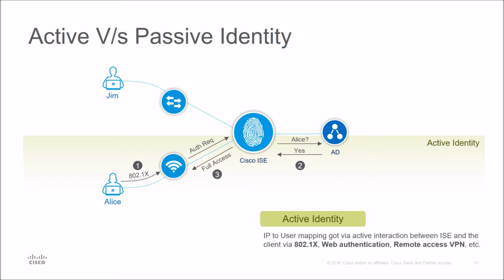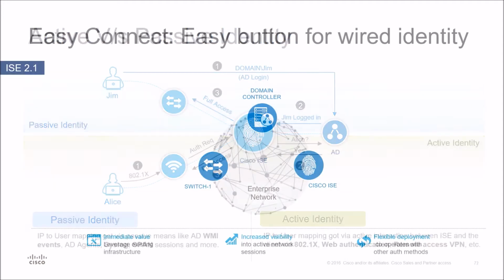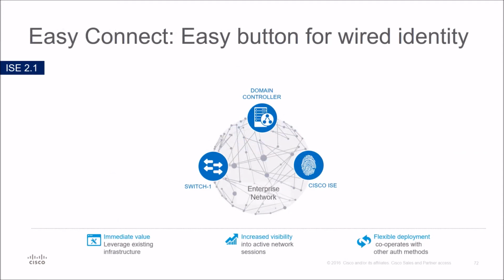With passive identity, we have the ability to provide 802.1x-like capabilities, very limited access when you first connect, and then you authenticate with Active Directory, and then we give you full access. And again, you get IP to user mappings, and that's used, or the capability around getting that information around things like WMI, AD agent, syslog, etc.